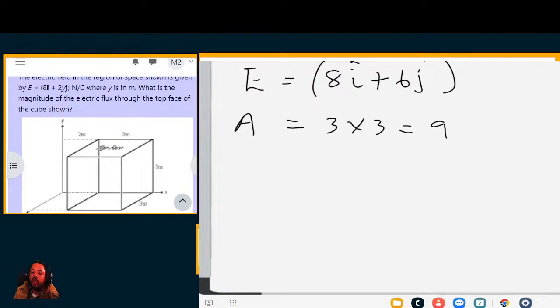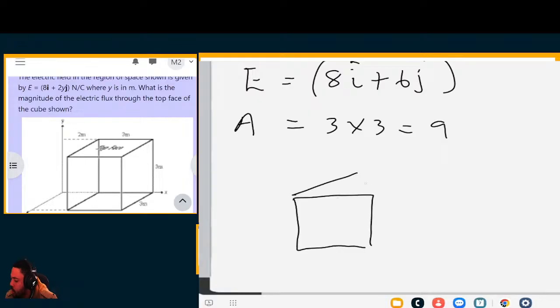Now, in which direction is the area vector? Let me just draw the box here. This is going to be a terrible drawing. Let me redraw that and try to make them parallel. There we go.